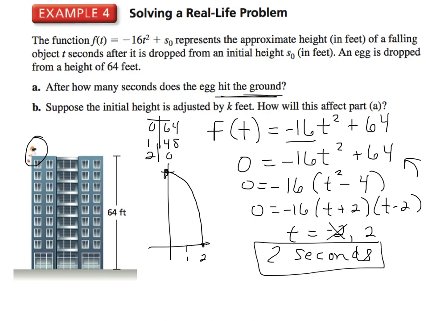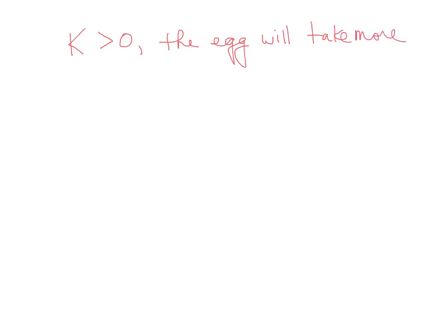So then it says B, suppose the initial height is adjusted to k feet. How will this affect part A? Well, we could say that if k is greater than 64, the egg will take more than 2 seconds to hit the ground.